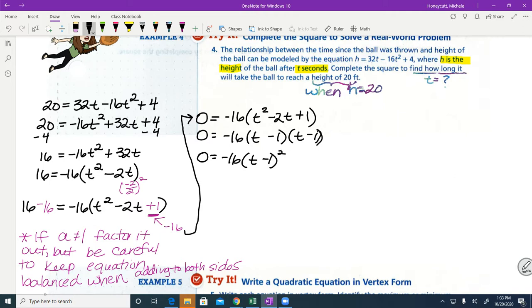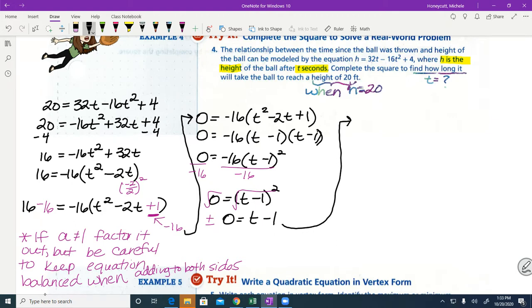I need to isolate the perfect square, so I can divide both sides by negative 16. 0 divided by anything is still 0. 0 equals t minus 1 squared. When I take the square root of both sides, don't forget your plus or minus: plus or minus 0 equals t minus 1. Now, 0 is neither positive nor negative, it's just 0.